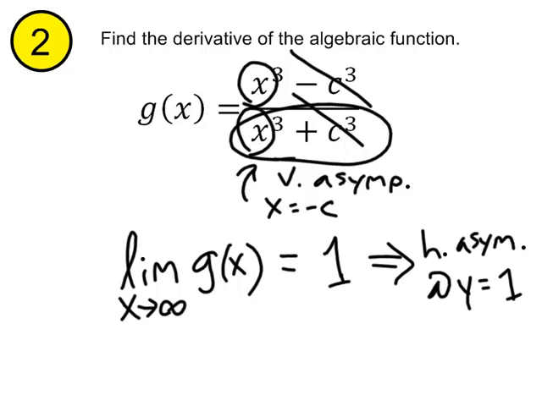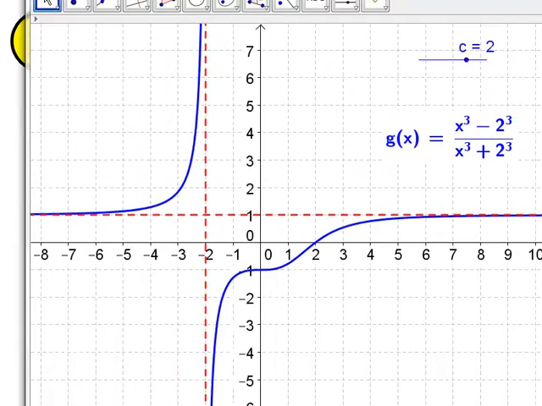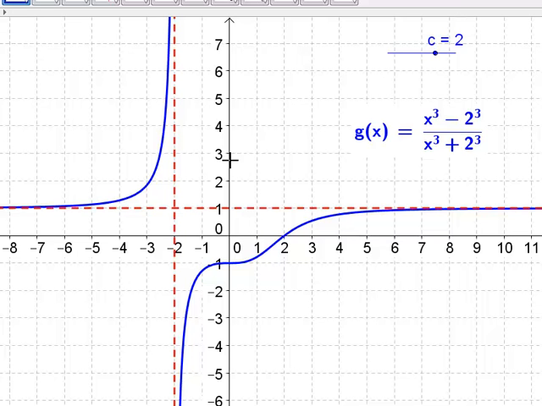Now let me go ahead and bring up GeoGebra. Again, it would take more calculus techniques than we know at this time to do much further analysis there. But let me bring up the GeoGebra version of this function. And again, it's not a surprise that you see there in the dashed red lines a vertical asymptote and a horizontal asymptote. The horizontal asymptote there is at y equals 1, and the vertical asymptote is at whatever the opposite of this c value is.